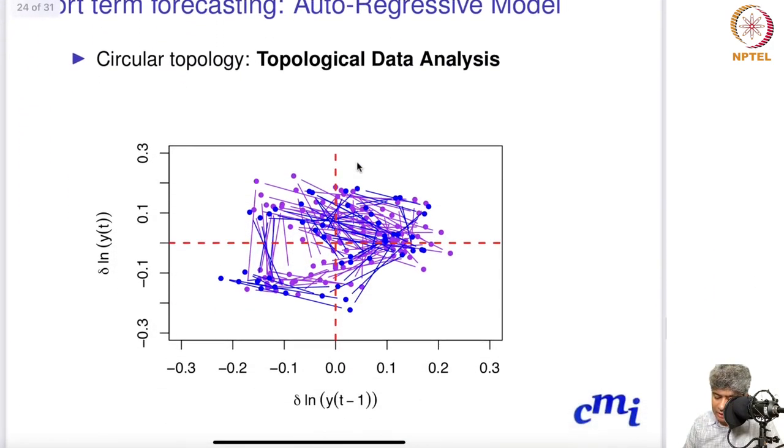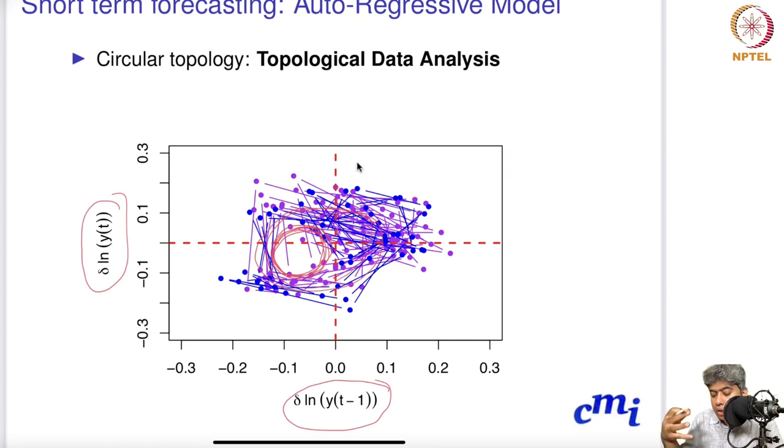And then here I have plotted the delta log yt minus 1 and delta log yt. What we are finding is there is a circular hole in the data. This effectively shows how the seasonality is affecting the data, and there is still decent seasonality.